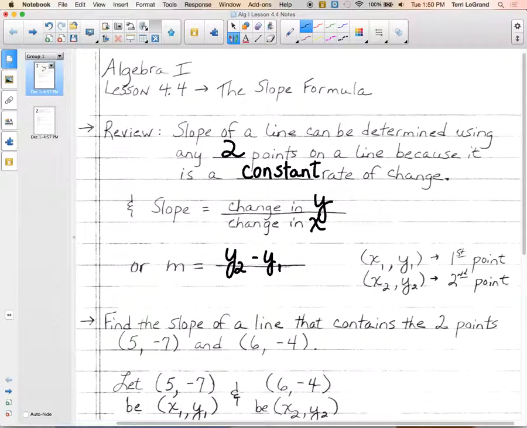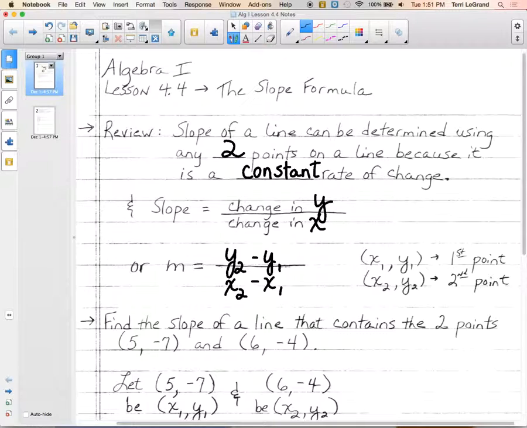So we have 2 y values. We find their change by subtracting. And downstairs we have x sub 2 take away x sub 1. So the x value from the point we took the y value from first upstairs. We start with that one down. And we take away the other x value.